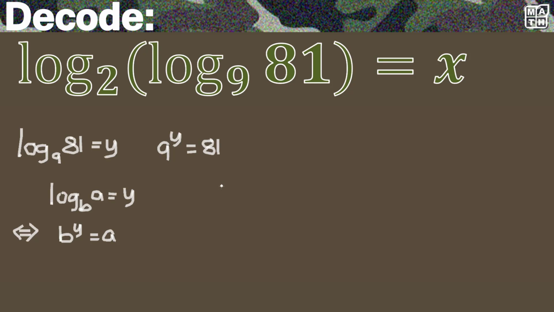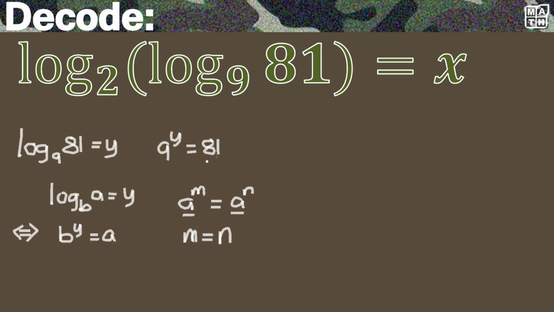Next is to solve for the variable y. We have a property which tells us that if we can express both sides of the equation as expressions with the same base, we have the property of equivalent exponents, which tells us that if a to the power of m equals a to the power of n, with the same bases, then m, the exponent of the left-hand side, is equal to n, the exponent of the right-hand side.